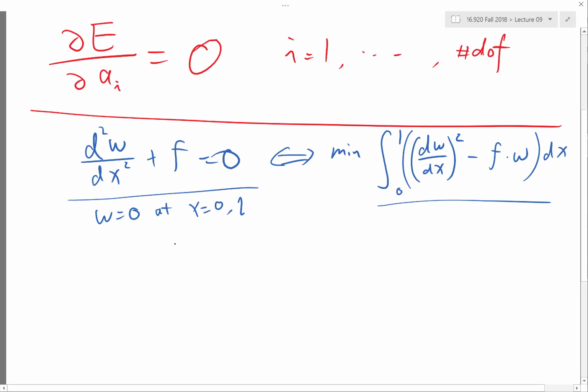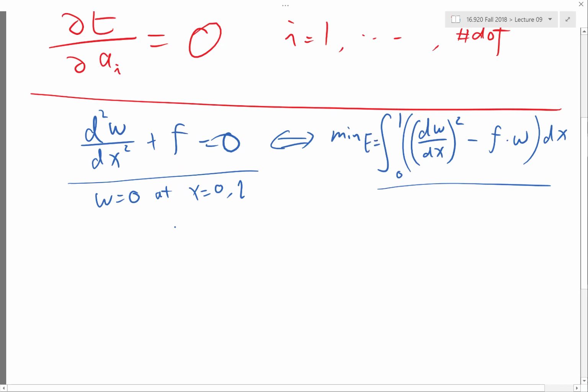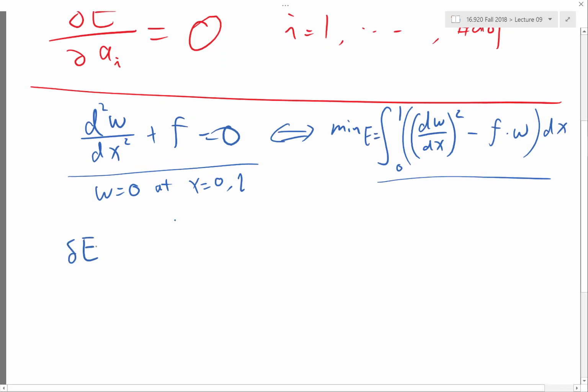So if I define E to be like this, then consider a small variation in E caused by a small change in w. Imagine you change w a little bit, okay?